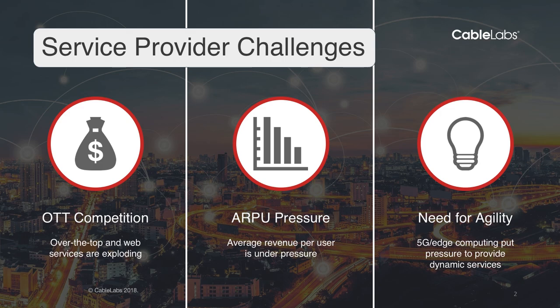While this might have been a nice to have previously, with 5G and edge computing, it is going to be absolutely mandatory. There's really no way to deliver services like network slicing or edge compute applications without a dynamic infrastructure and dynamic network services. So how do we solve these three challenges?